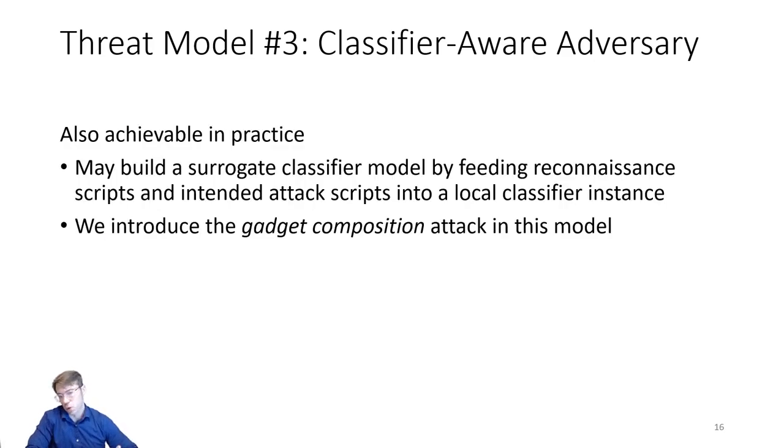The classifier-aware adversary is also achievable in practice because perhaps the adversary has some sort of inside information about the target website, but if not, they can simply build a surrogate classifier by feeding their reconnaissance scripts and their attack scripts into a local classifier. This enables an additional attack, which we call gadget composition.